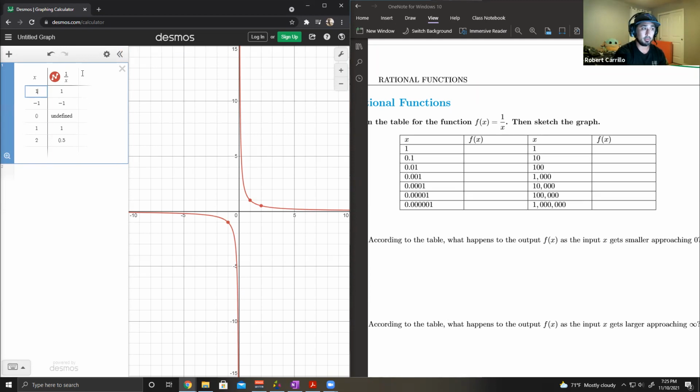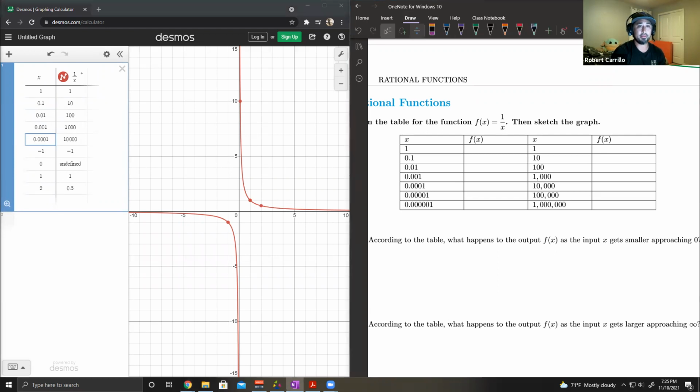So 1, 0.1, 0.01, 0.001, 0.0001, and I think you get what's happening here for these values. So when I fill in this table at 1, you get 1, and then we get 10, 100, 1,000, 10,000.